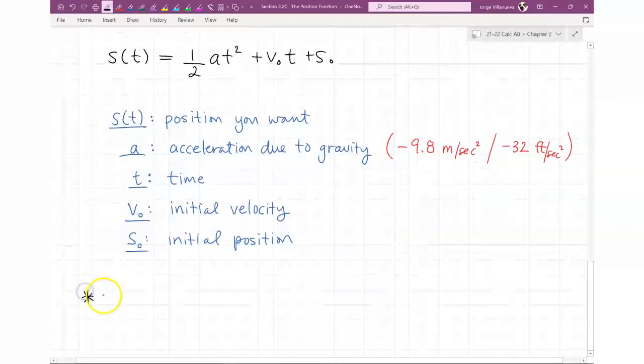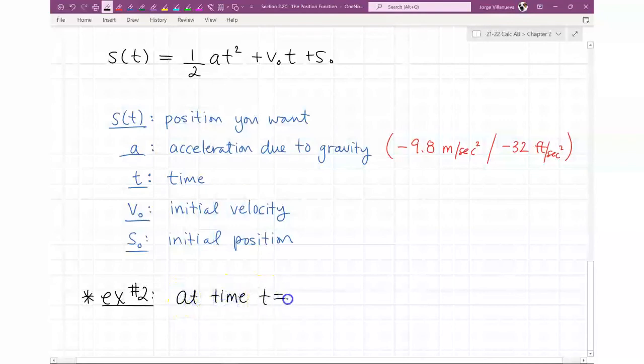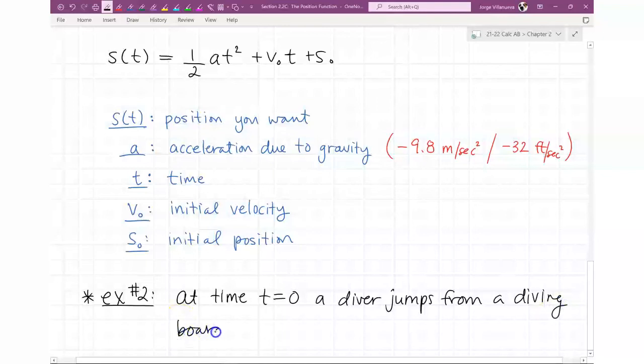It's another one that's kind of wordy, so just bear with me. At time t equals 0, a diver jumps from a diving board that is 32 feet above the water.